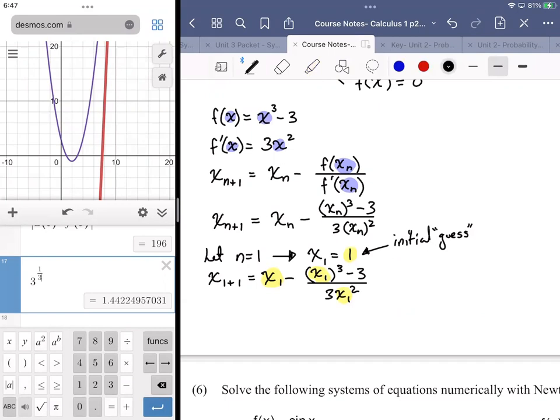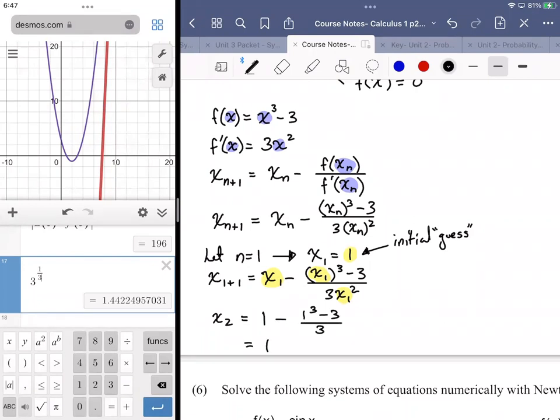So x sub 1 plus 1 is x sub 2. I don't get to choose any more values after this. My second value is going to be dictated by the results of my first value. So 1 minus 1 cubed minus 3 over 3 times 1 squared, so 3.